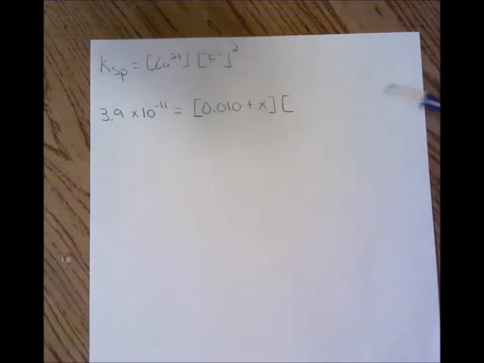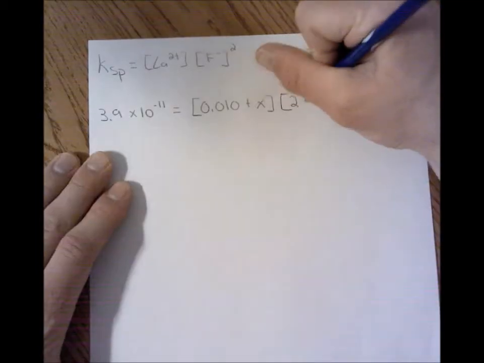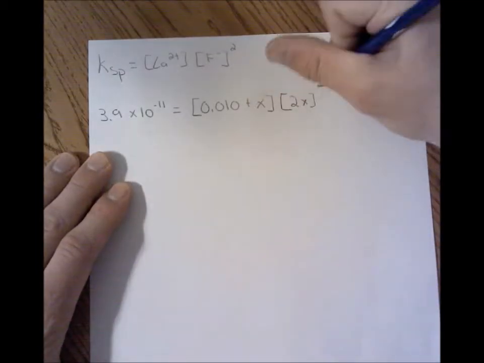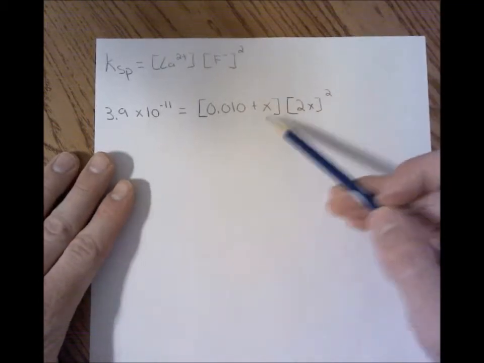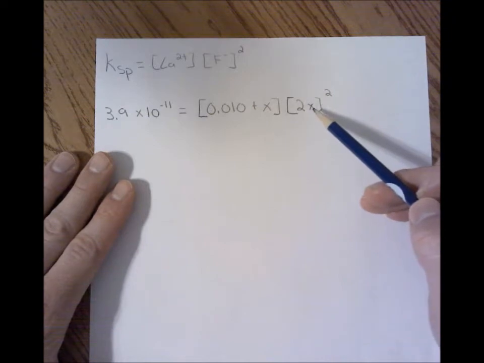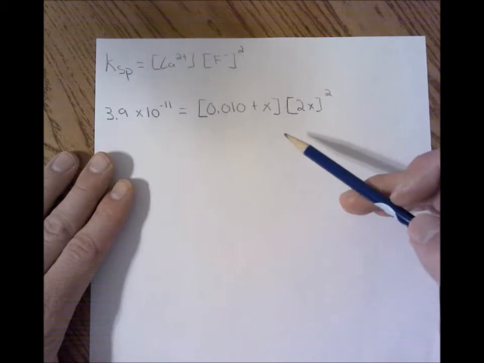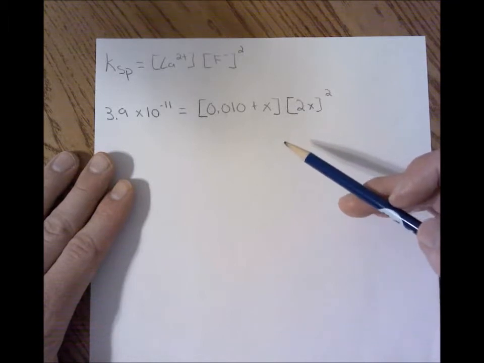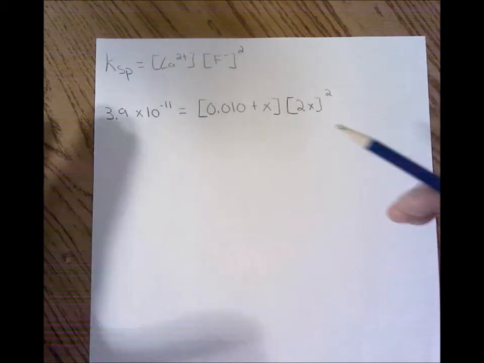So I insert the value for 2x and I have to square it. Now, if you can forecast out, this business right here is going to lead to the quadratic formula. It's actually going to lead to an x to the third power, even more complicated.